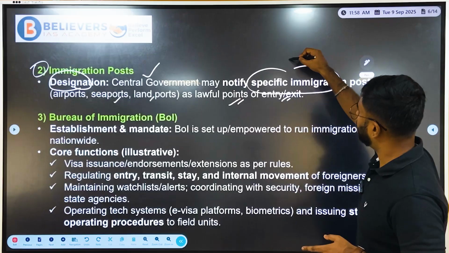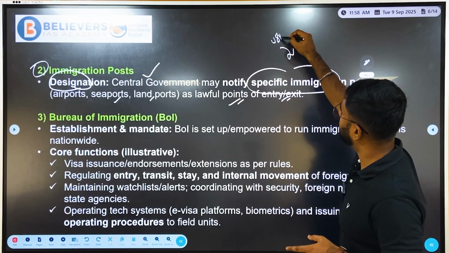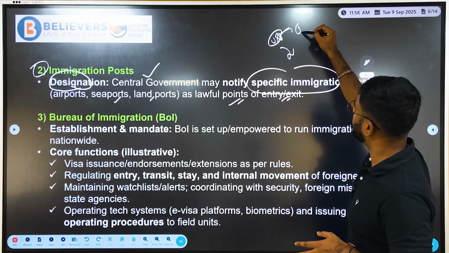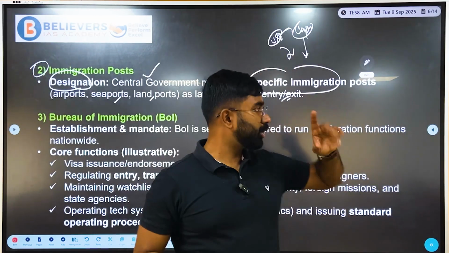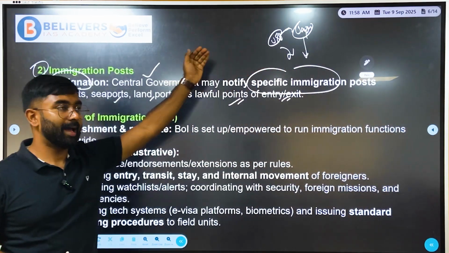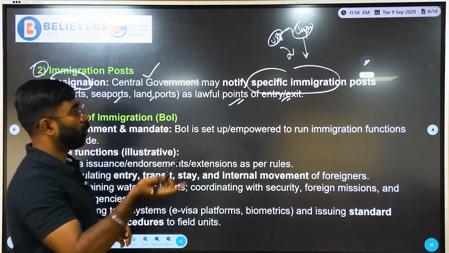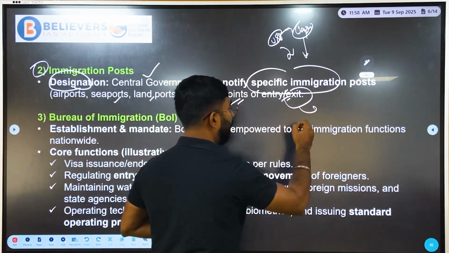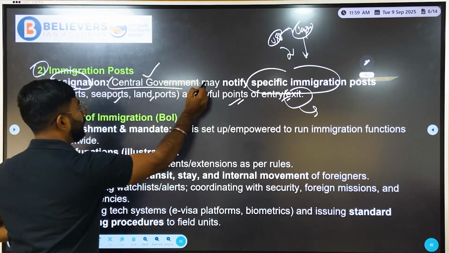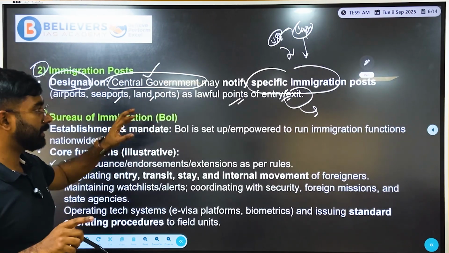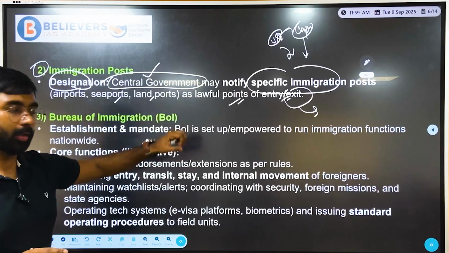So now, for a particular immigrant traveling from the USA or, let's say, Japan, the government gets to decide which airport this person has to check in at and which airport he has to exit the country from. The sole power now lies with the central government, and this is one important thing from the act.